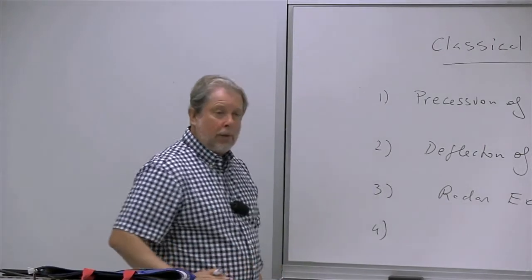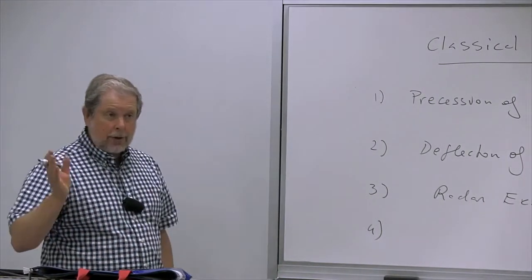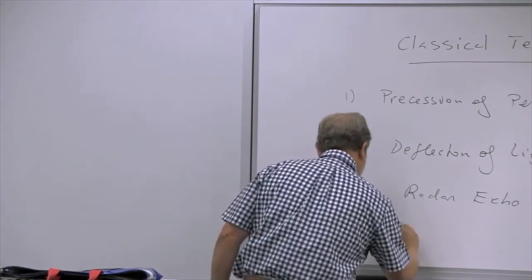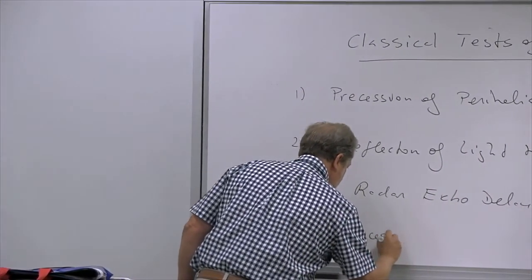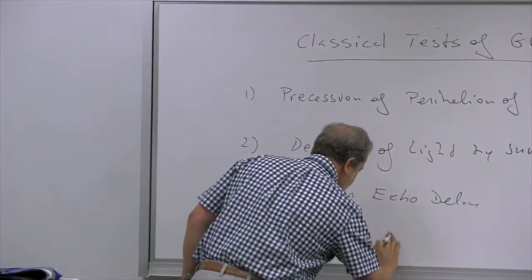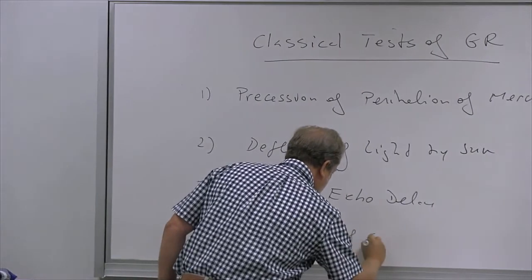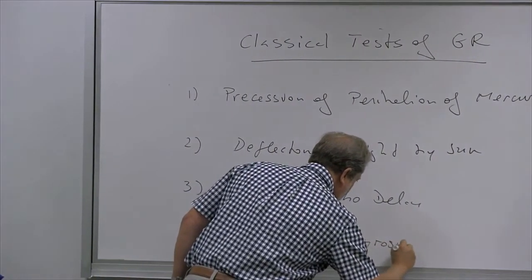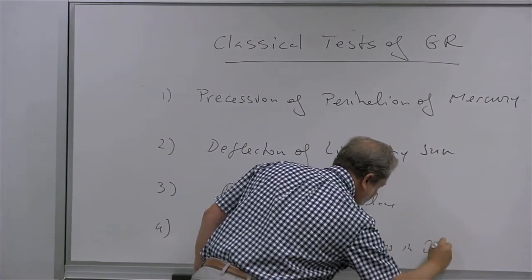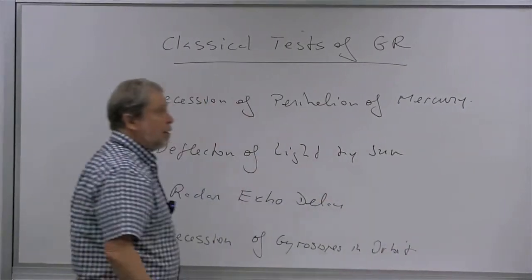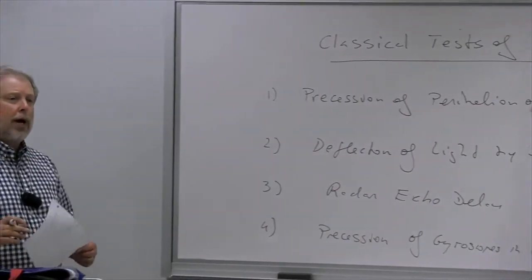More recently, one has been able to put gyroscopes in orbit, so you can look at the precession of gyroscopes in orbit. Again, GR makes some very specific predictions on what should happen.